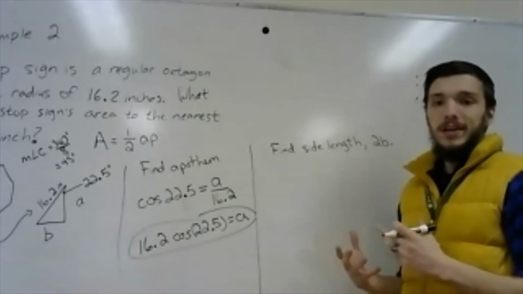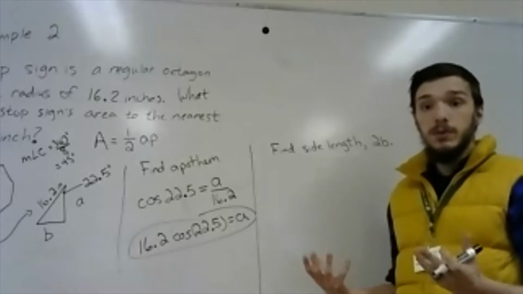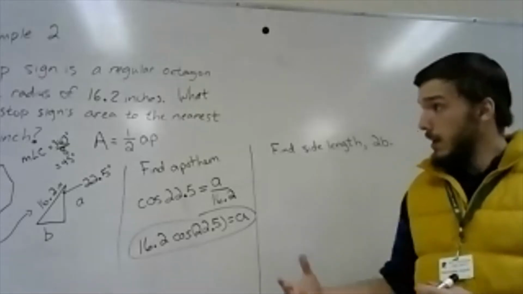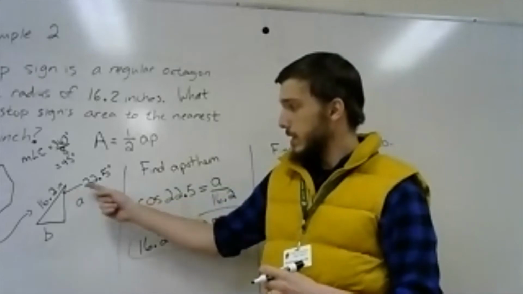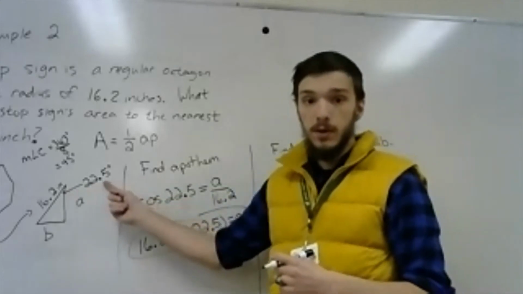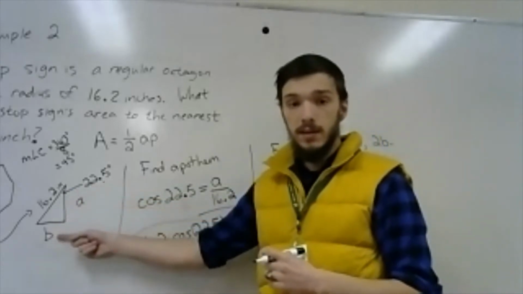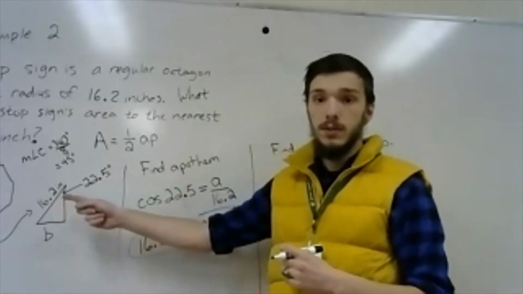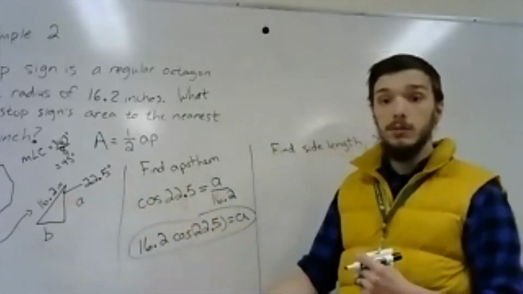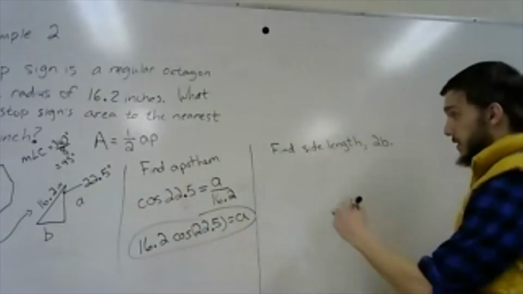In order to do that, we're going to use trigonometry again. But this time, if we're looking at our 22.5-degree angle, we're looking at the opposite side over the hypotenuse. So to find B, we're going to use sine.